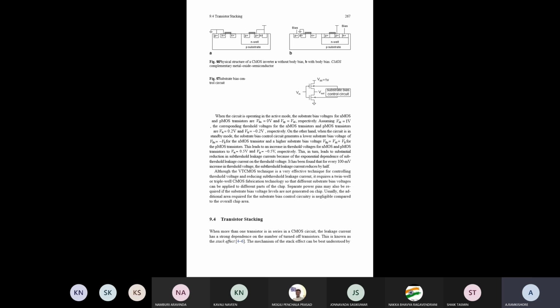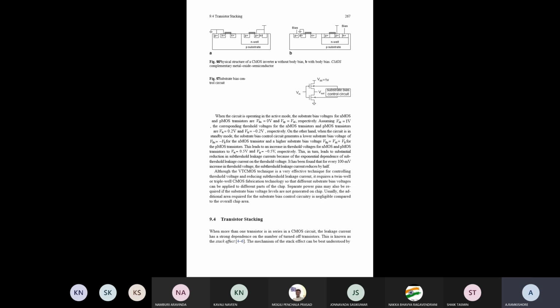We are giving the same input voltages to the series of transistors and the parallel transistors. Even though you are giving the same input to the series, they will consume different voltages, even though they are in the same configuration. So the variation of the voltages from one device to another device we can call stacking of the MOS circuit.